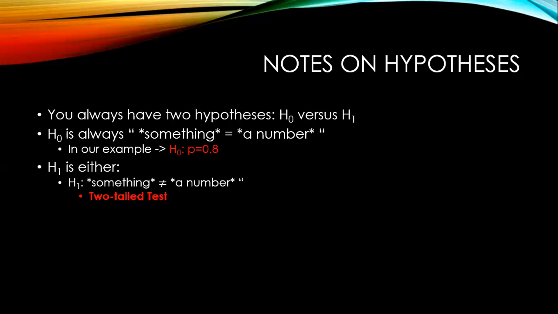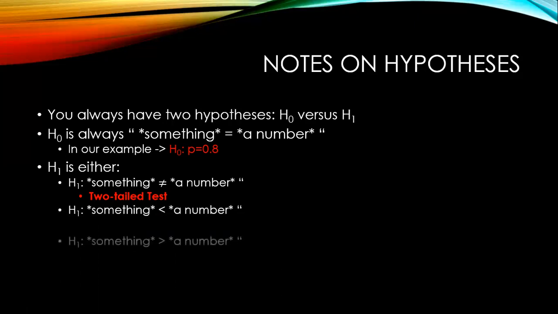When you have an alternative hypothesis where the proportion, or the mean, or some quantity is not equal to a number, we call that a two-tailed test. The reason is that with this type of hypothesis, where something does not equal something, the quantity could be less than that number or bigger than it. So two options, less than or bigger than: a two-tailed test.